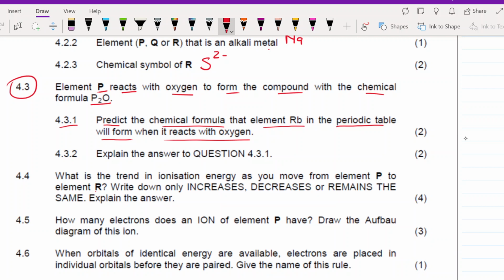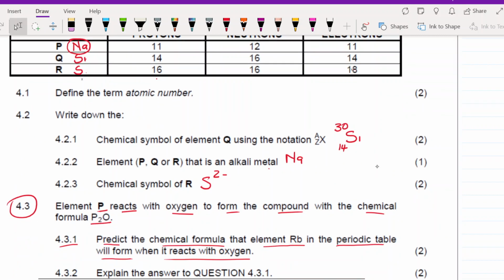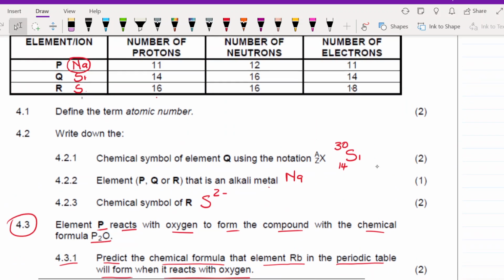So they said element P, remember element P was sodium. So when sodium reacts with oxygen, it forms Na2O.